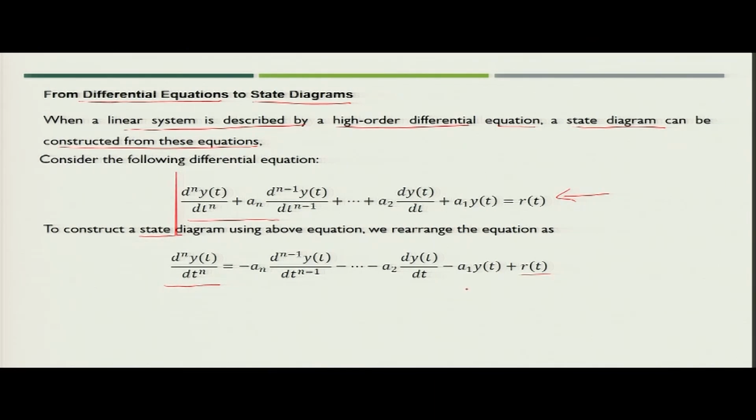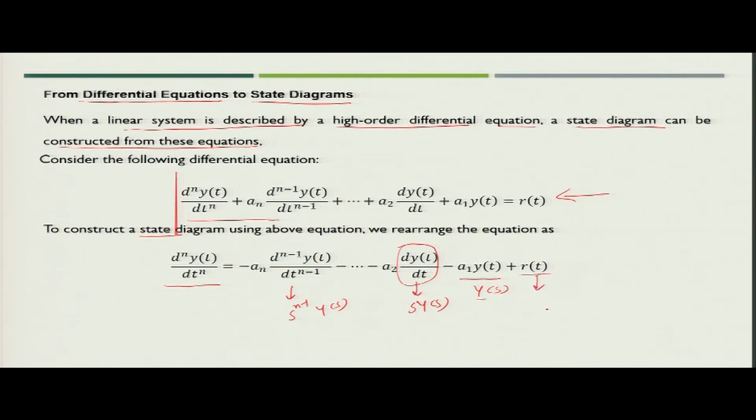Now, if you take the individual Laplace transforms, you can write this as Y(s), this particular component as sY(s), and this as s to the power n minus 1 Y(s), and so on. You know that individual components can be represented as their Laplace transforms.